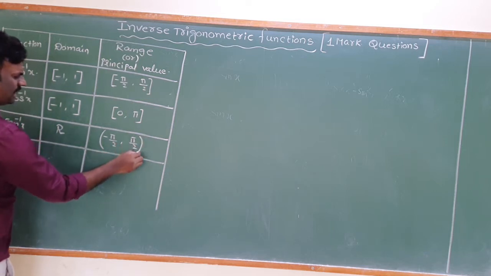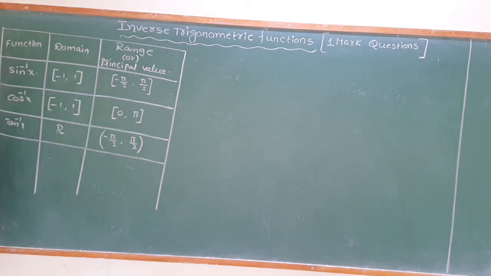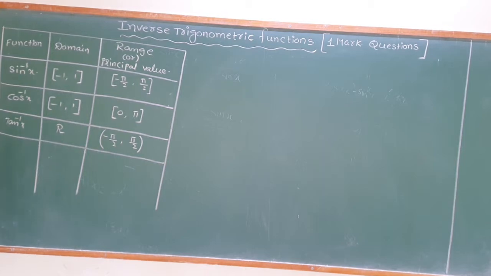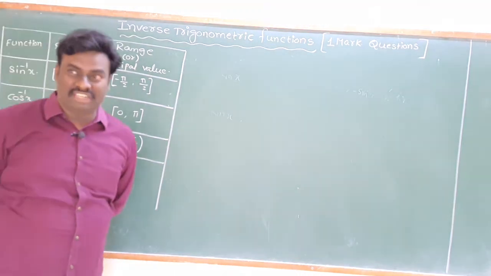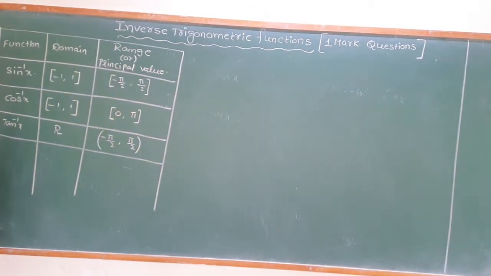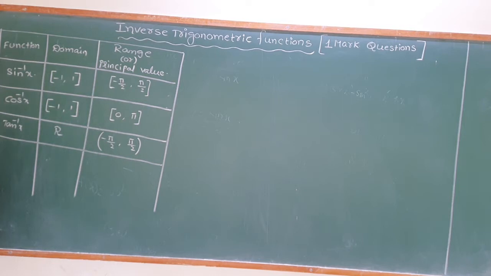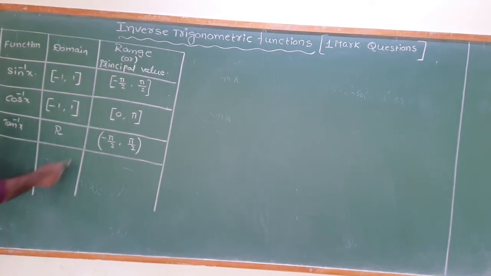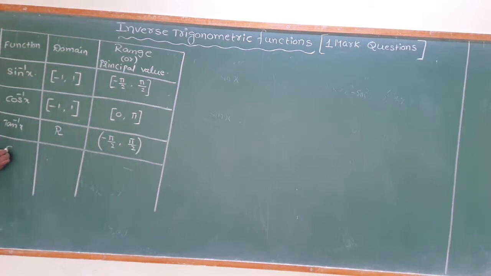Why open bracket? If you mention open bracket, those values will not be considered, because tan 90 value is infinity. Tan minus 90 value is minus infinity. That's why these two values will not be considered. That's why we put which bracket? Open interval.